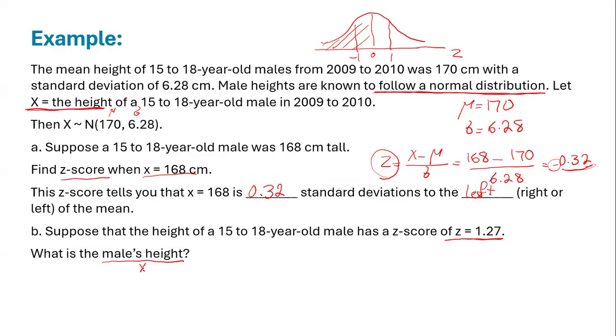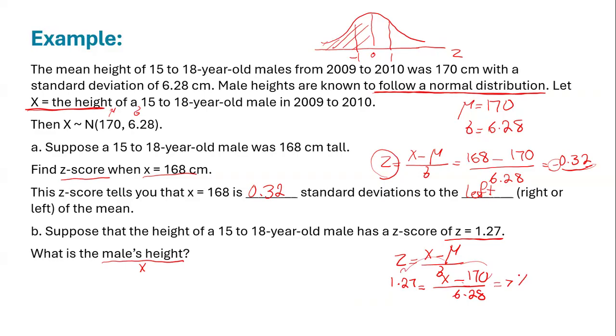Can I still use the same formula? Yes. So we use the same formula, but this time we replace the z by 1.27 and try to find x. If this equation is given to you and they ask you to find the x, what do we do? As a first step, to get rid of the denominator, we multiply both sides by 6.28. And after multiplying by 6.28, we move 170 to the right by adding 170.